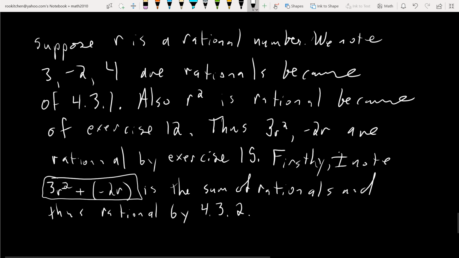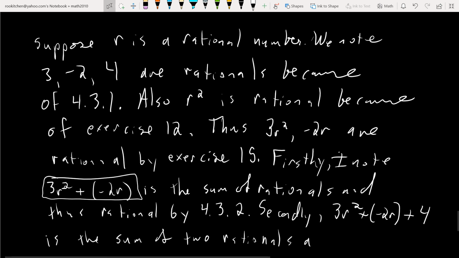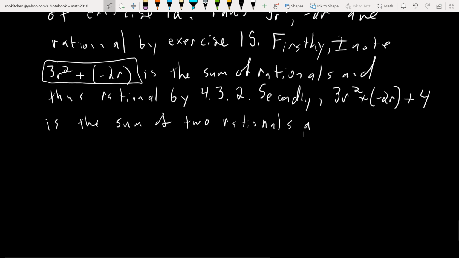Secondly, then, 3r squared plus negative 2r plus the 4 is the sum of two rationals, and therefore rational.